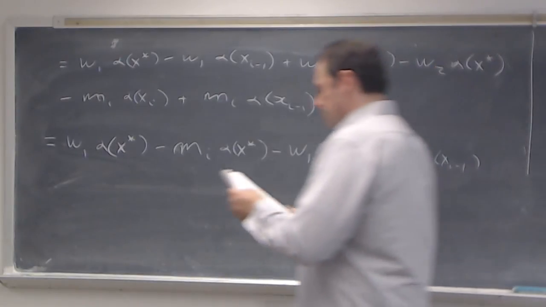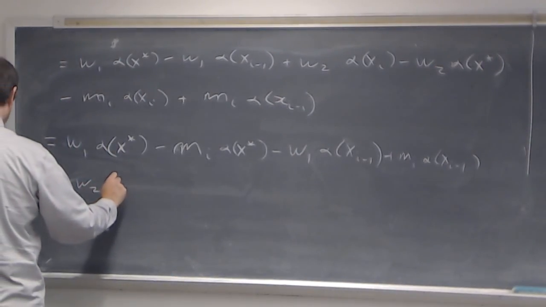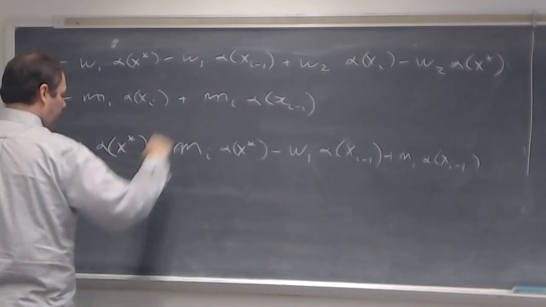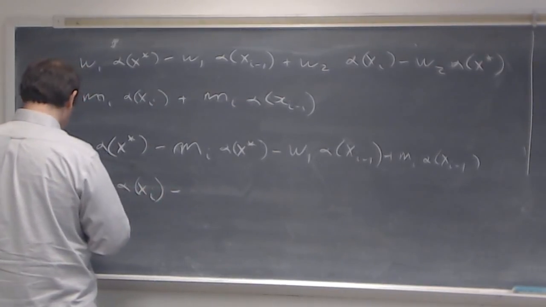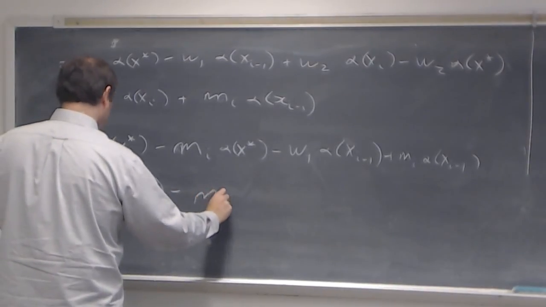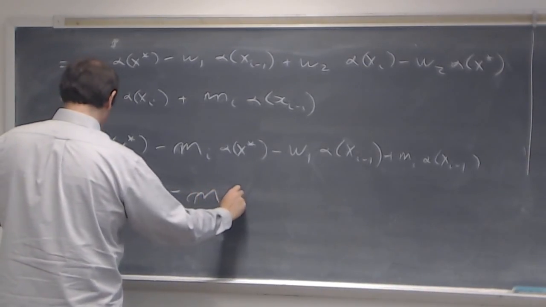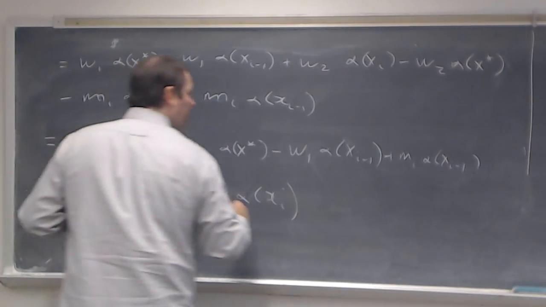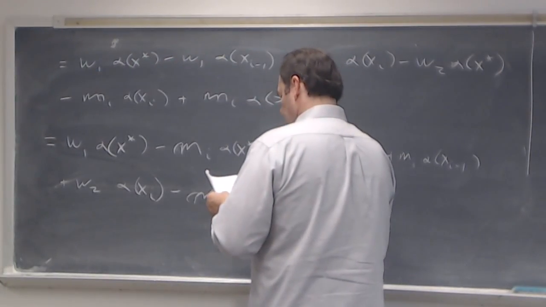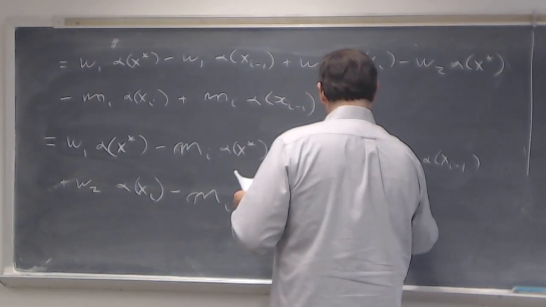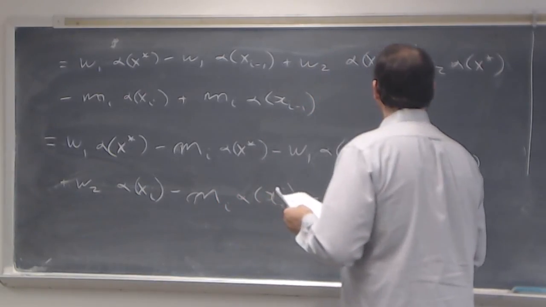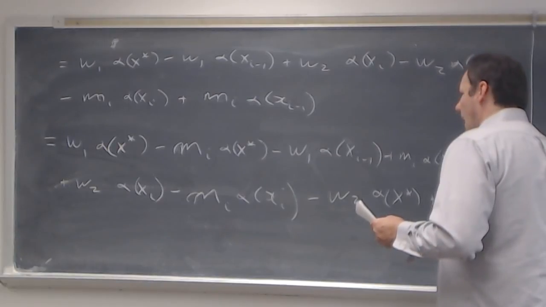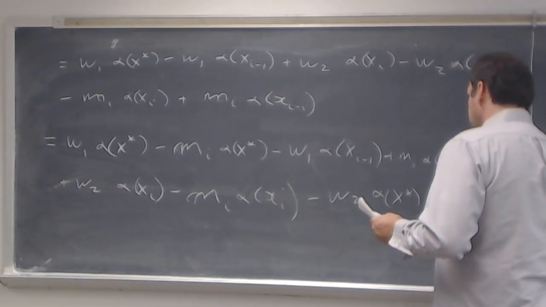And then plus, I'm rearranging the terms somewhat, W2 alpha x sub I, and then minus m sub I alpha x sub I, this guy, and then I have minus W2 alpha x star, that guy, and then I'm going to add this guy, m sub I alpha x star.